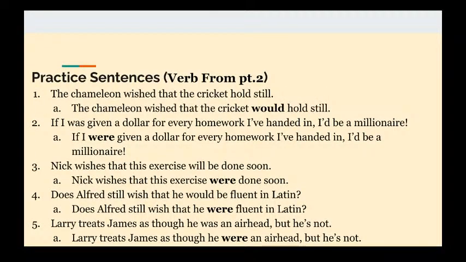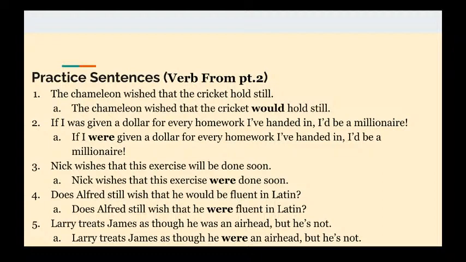So then we have some quick practice sentences for verb form part 2, subjunctive mood. Sentence number 1, the chameleon wished that the cricket holds still. It would be the chameleon wished that the cricket would hold still. Sentence number 2 is if I was given $1 for every homework I've handed in, I'd be a millionaire.